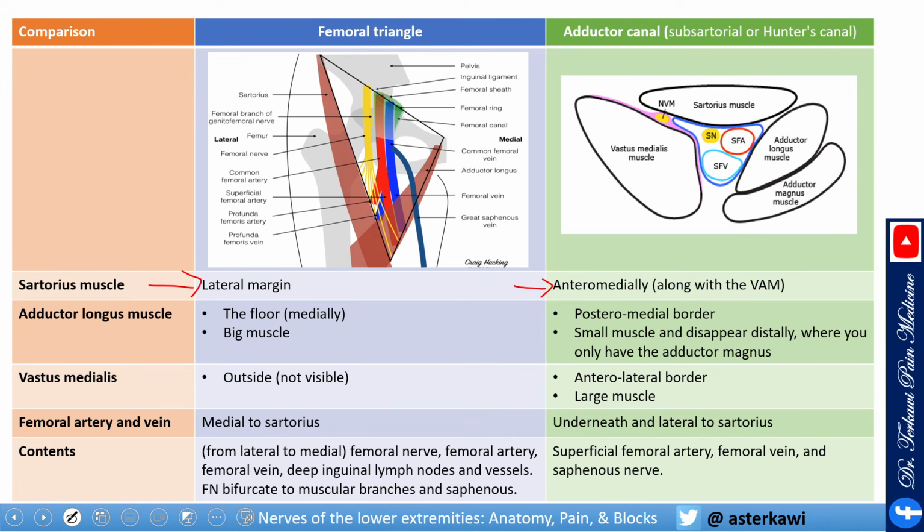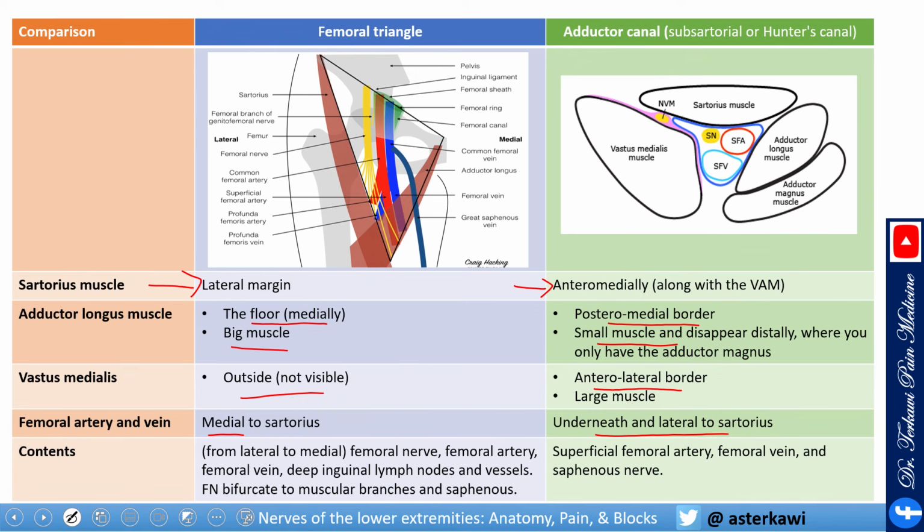The adductor longus muscle here is in the floor, it's medial, it's a big muscle. Here it's posteromedial and starts to get smaller until it disappears. The vastus medialis does not exist in the femoral triangle. However, it's very important in the adductor canal. It forms the anterolateral border. It's a large muscle. Femoral artery and vein, we will go over this multiple times in this video. Here it's mostly medial, here underneath and lateral.